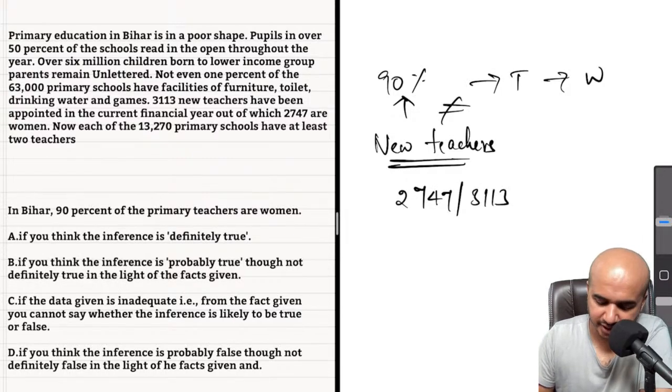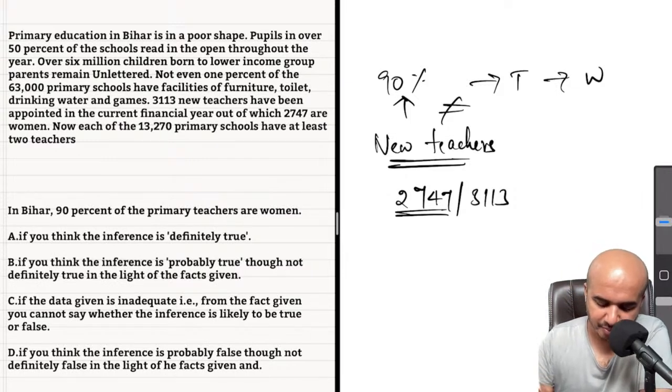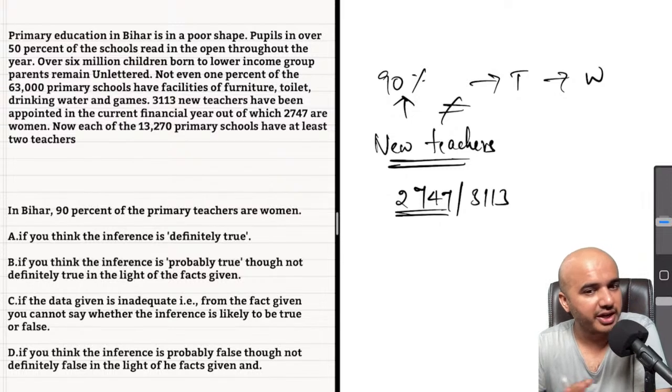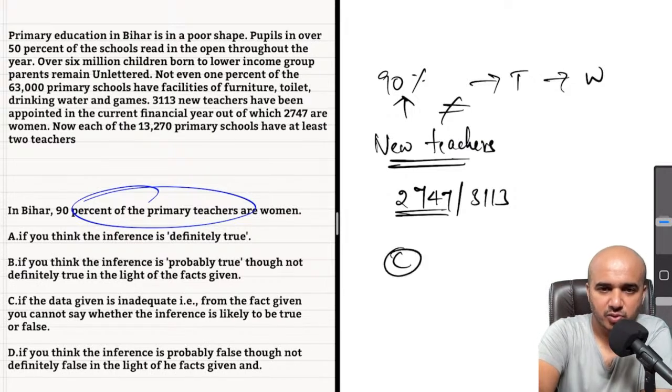Definitely majority of the new teachers are women, but we cannot say the same thing for all the teachers, because in the inference they say 90% of the primary teachers, we do not know anything about them, so therefore data given here is inadequate as well. So let's move on to the next one.